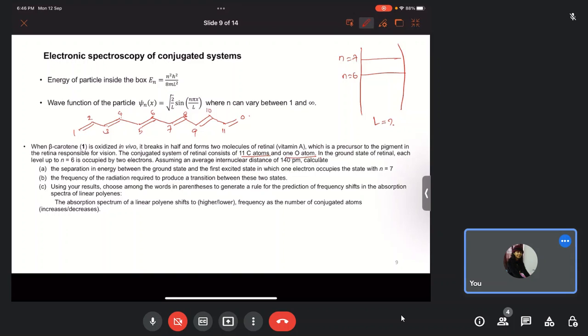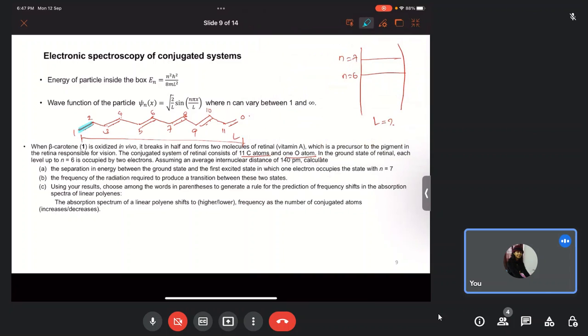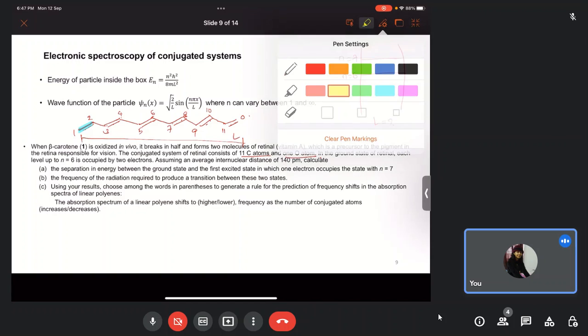And you have 10 electrons being conjugated along this distance L, and we have to find what is the L. In systems where you have conjugated double bonds, the double bond length is not different from this particular bond length.